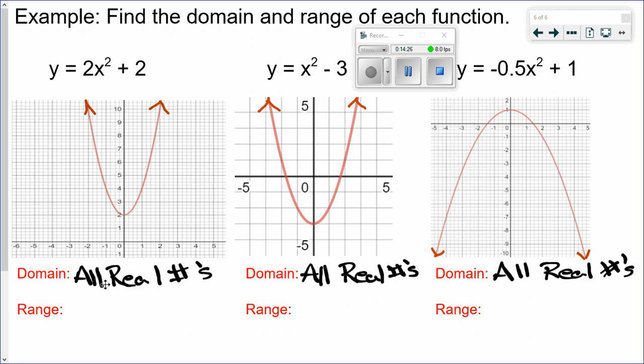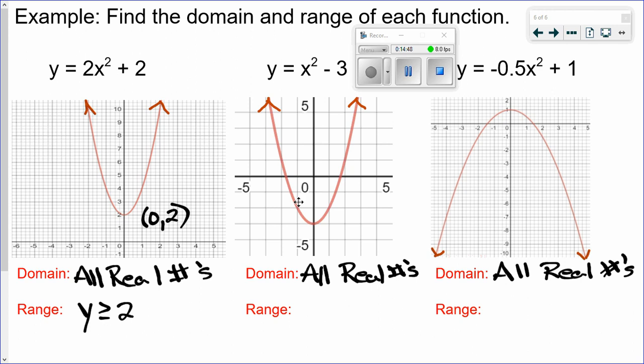And now let's go back and look at our outputs. If you look at your outputs here, all of the outputs are from a y value of 2 or greater. There's no outputs down here. So for our range, we would say y is greater than or equal to 2. The vertex of this one is at 0, 2.